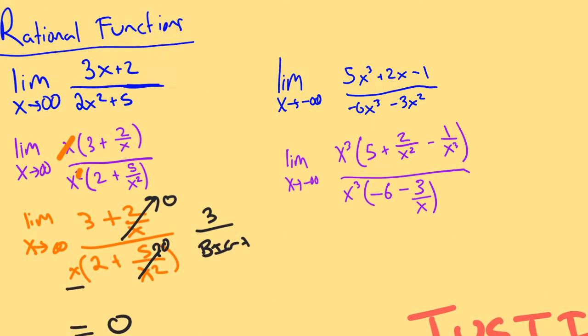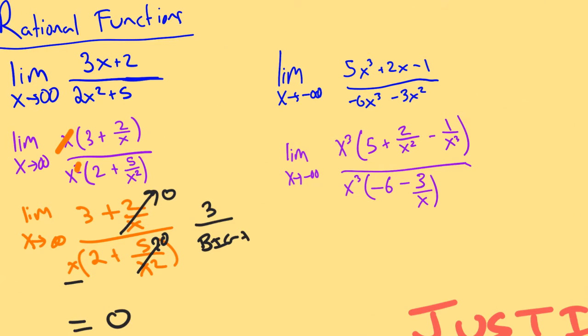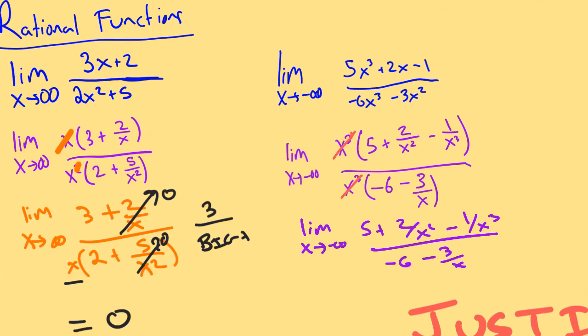In the second example, now we have 5x cubed plus 2x minus 1 over negative 6x cubed minus 3x squared. When I factor out x cubed from both the top and the bottom, they will cancel out completely. And so we are left with the limit as x approaches negative infinity of 5 plus 2 over x squared minus 1 over x cubed all over negative 6 minus 3 over x.